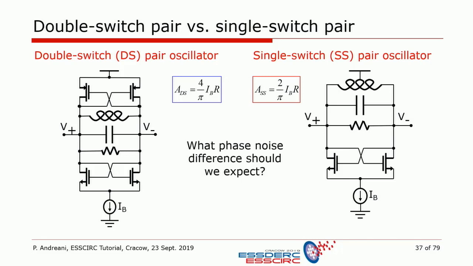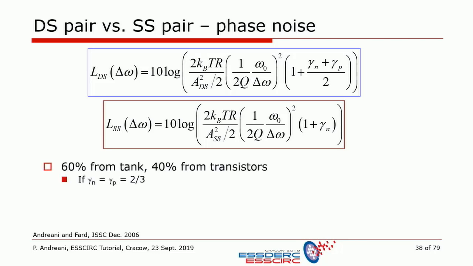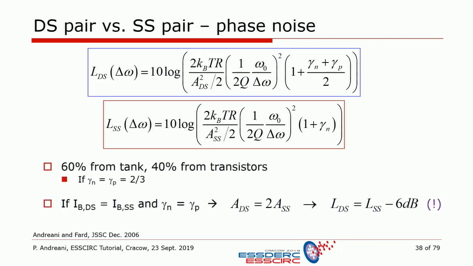Now, if we again do all the calculations, we find out that these are the equations. If you assume that gamma n and gamma p, where gamma p is of course the channel noise factor for p transistors, are the same, the only difference here is the amplitude, which is double in the double switch pair compared to the single switch pair.